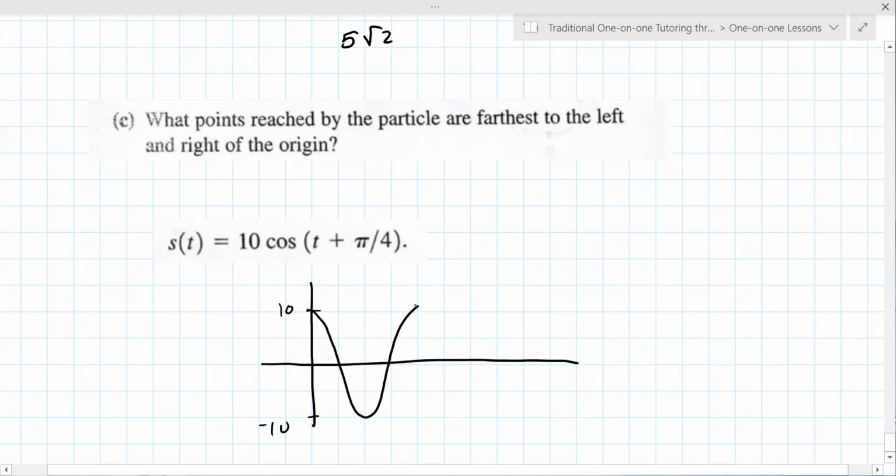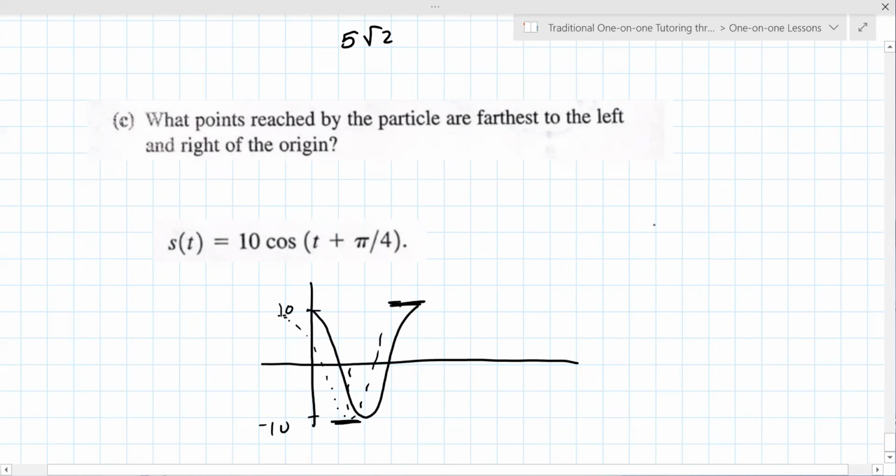The plus pi over 4 just shifts it left. So it's just asking for where this point and this point are. So 10 and negative 10? No, the t value in this case.